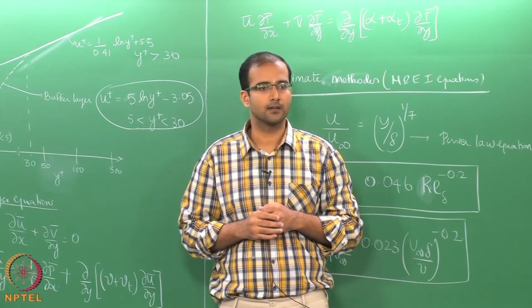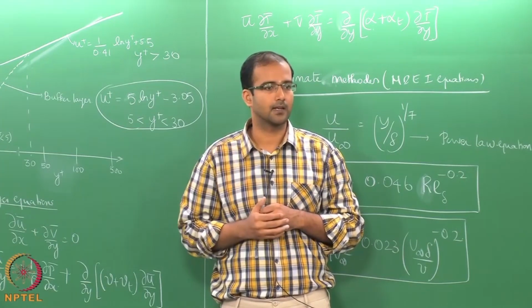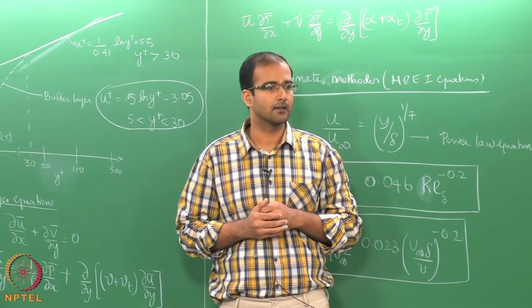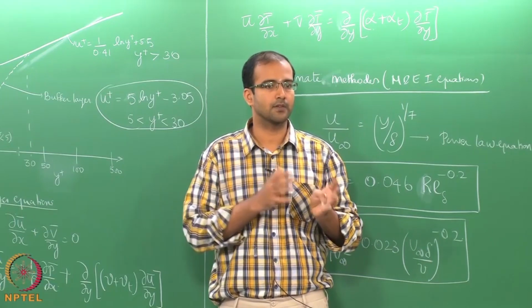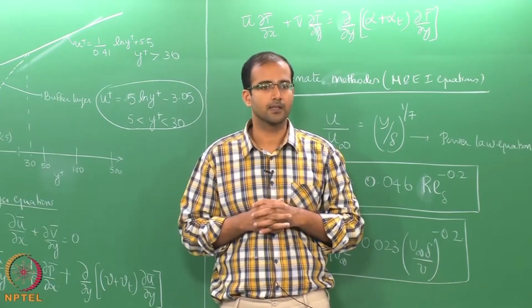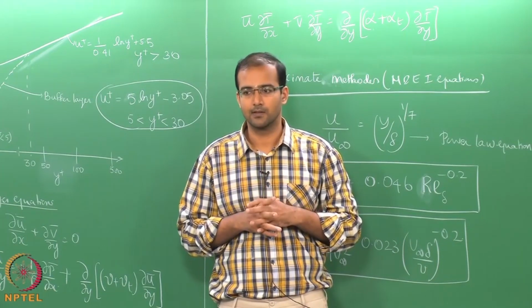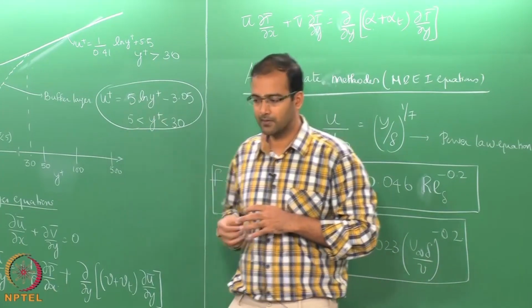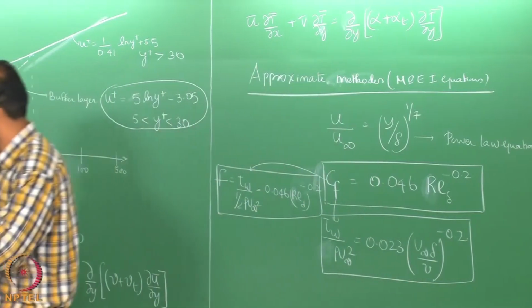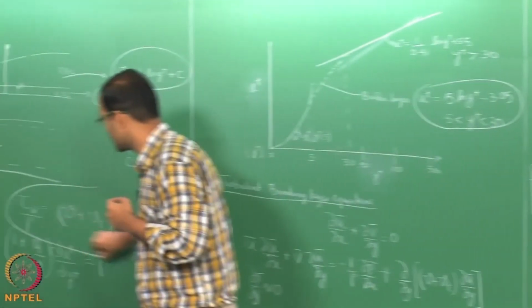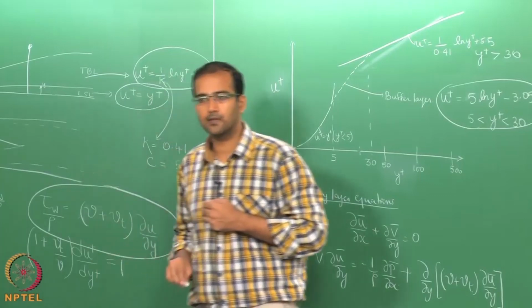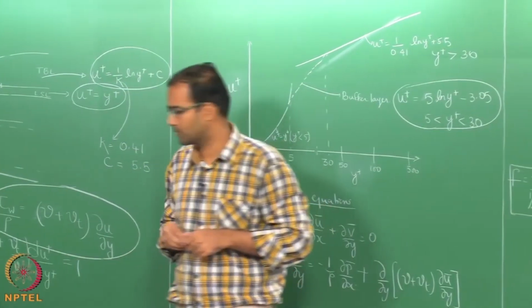Your du by dy at the wall and d theta by dy, both the skin friction coefficient and the slope of the temperature gradient, they are identical. So, what happens in the turbulent boundary layer, we will quickly use these kinds of relations and derive the analogy for the turbulent boundary layer.